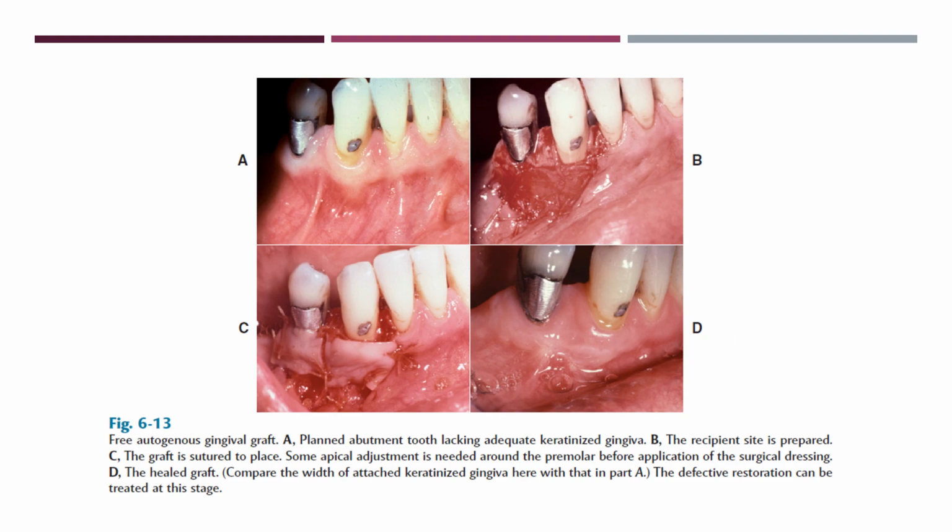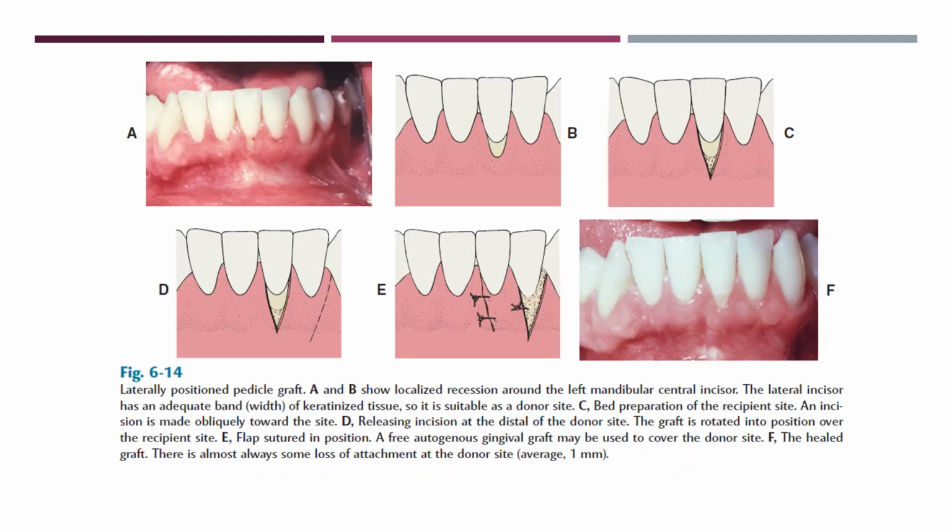This is a free autogenous gingival graft. Okay, laterally positioned graft, where we see recession, guys, in short. So I see a localized recession around the central incisor. An adequate width of keratinized tissue from the donor side is taken, like from here, and then cut and placed, right?